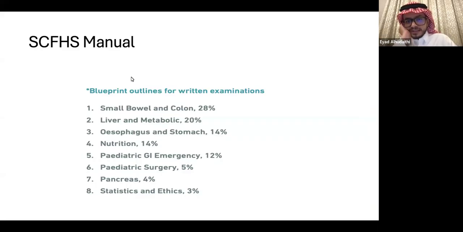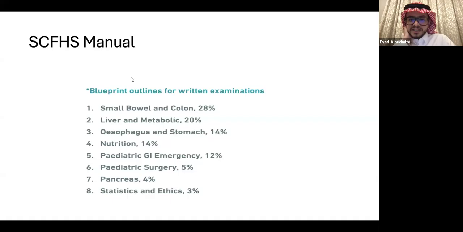So I have looked at the latest Saudi Council Pediatric Gastroenterology and Nutrition Blueprint, and you can see there is some shift from what it used to be before. Now they have a higher percentage in small bowel and colon, about one third.